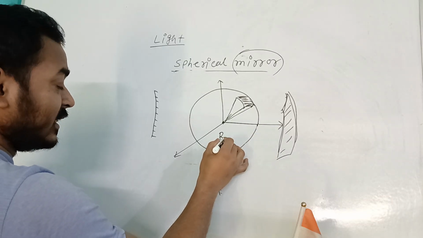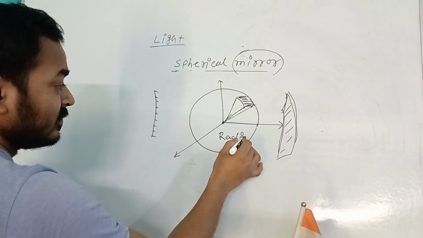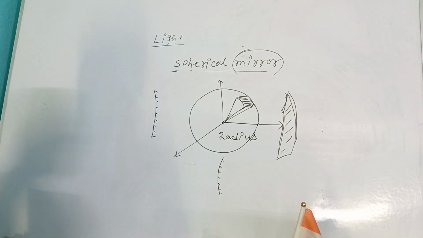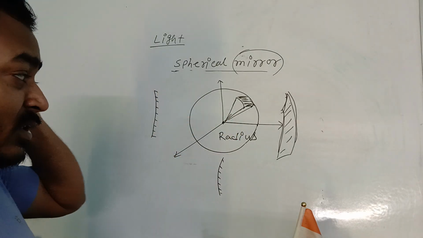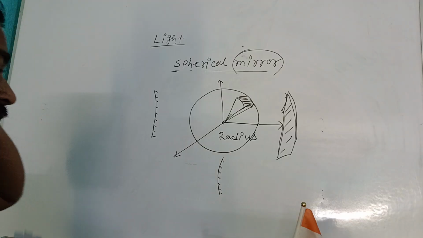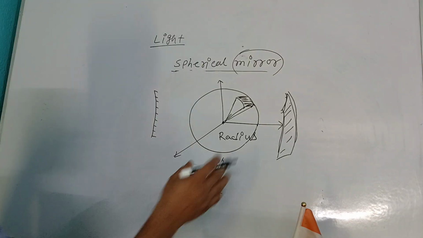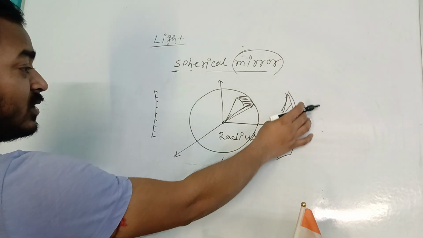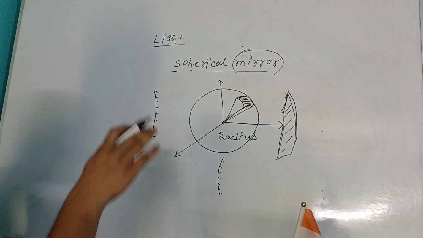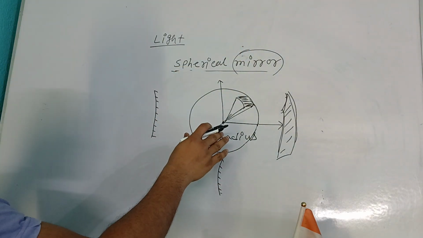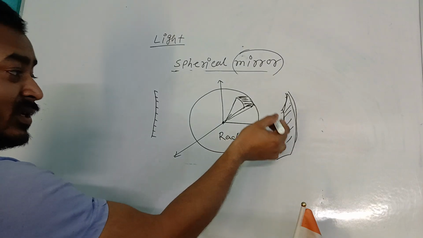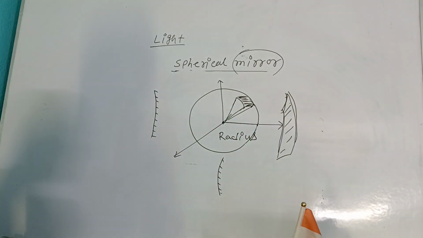It is known as the radius. This curved part is also a part of the sphere, so it also has a radius.